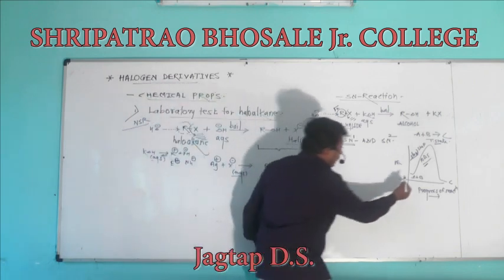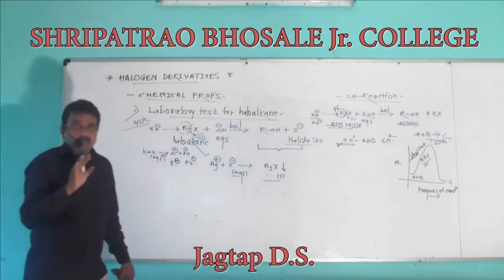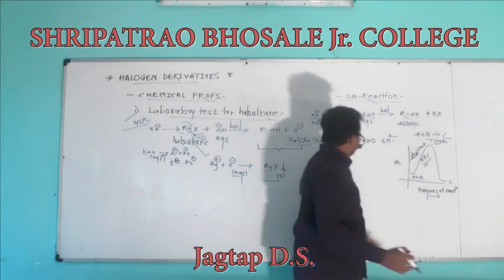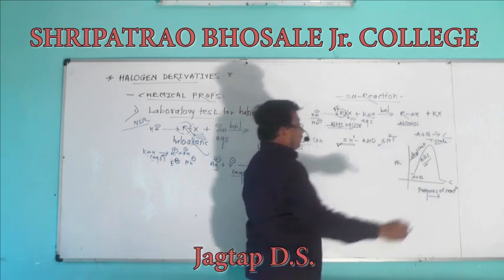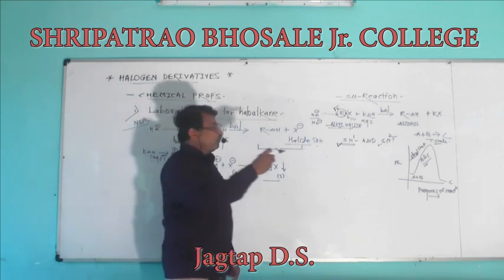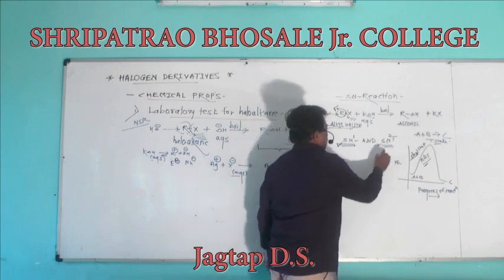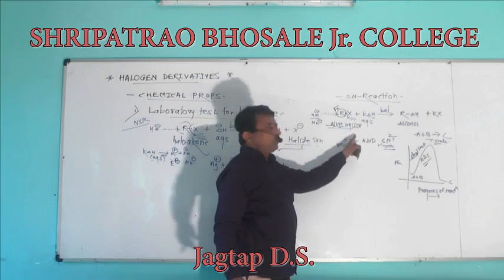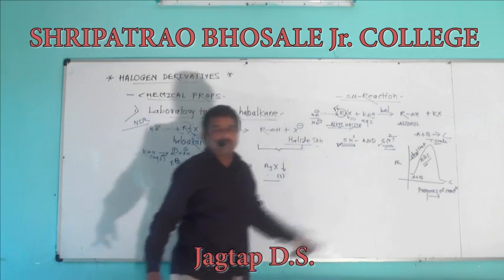If two reactant species, both A and B, take part in the formation of TS, then the reaction is known as substitution nucleophilic bimolecular. So depending upon the molecularity, SN reactions are classified as SN1, substitution nucleophilic unimolecular, and SN2, substitution nucleophilic bimolecular.